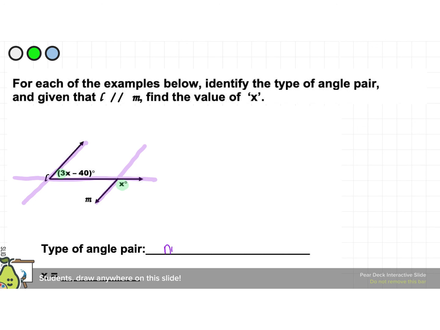However, we know that they are supplementary because we know that this angle and this angle, those are corresponding, right? And they're congruent. So then the one next to that is going to be supplementary to that. All right, so because they're supplementary, we write the equation 3x minus 40 plus x equals 180.